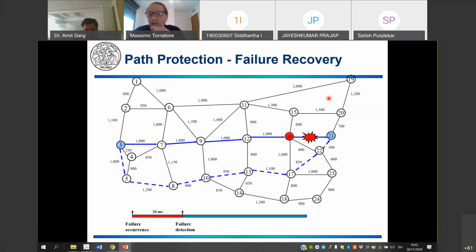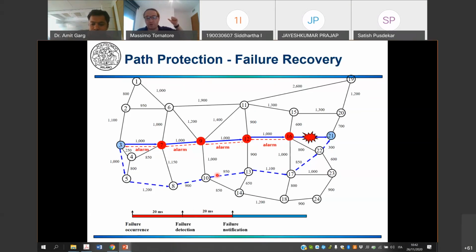Then what happens is that node 16 has, first of all, to detect the failure occurrence. So the red period of time, 20 milliseconds. After it has detected the failure, the information has to travel back to the source, which is these other 20 milliseconds. It's called notification. You need to go back to the source and tell it that there was a failure.